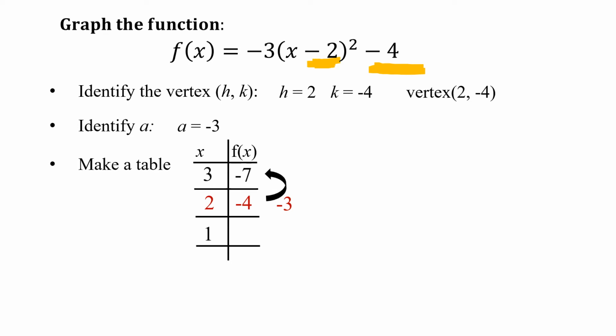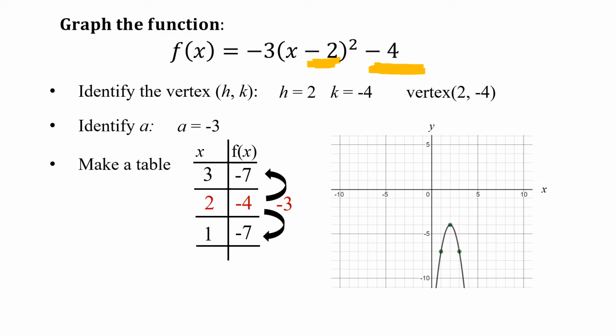That'll give us our y-coordinate for 3, which is negative 7. And also negative 7 would be the y-coordinate for the point under 2. So now we're going to take those points and graph them. You need to graph the vertex (2, -4), (3, -7), (1, -7), and then connect those 3 points with a smooth curve.